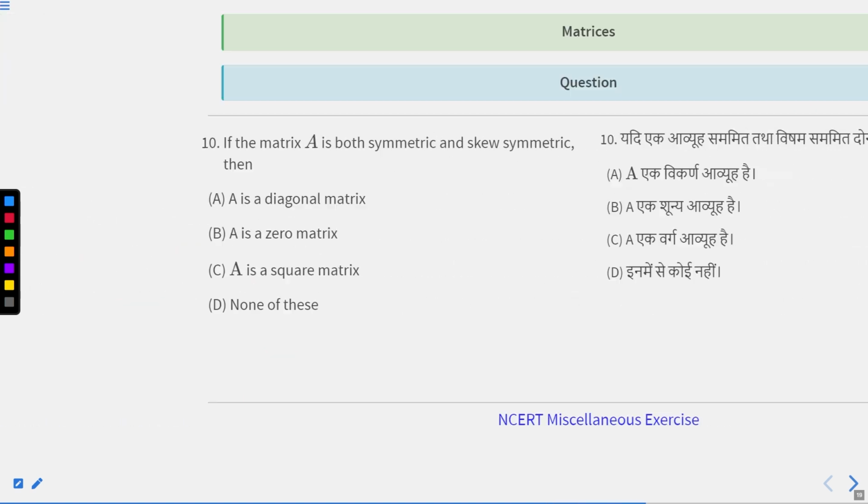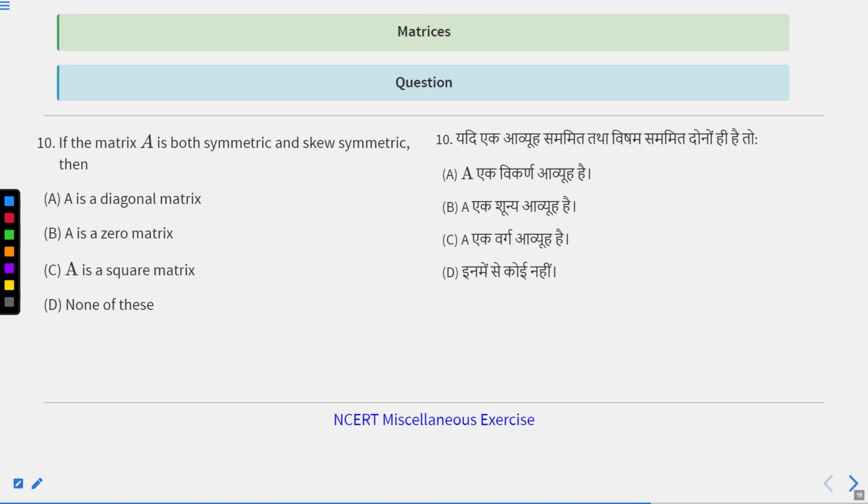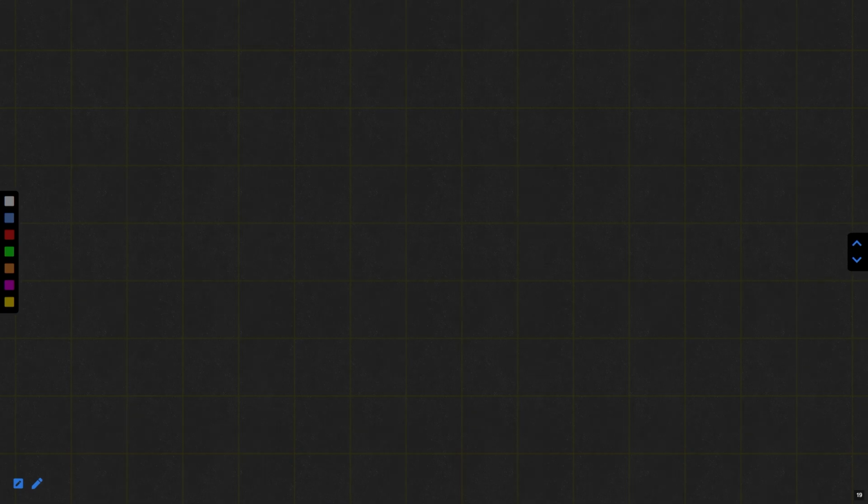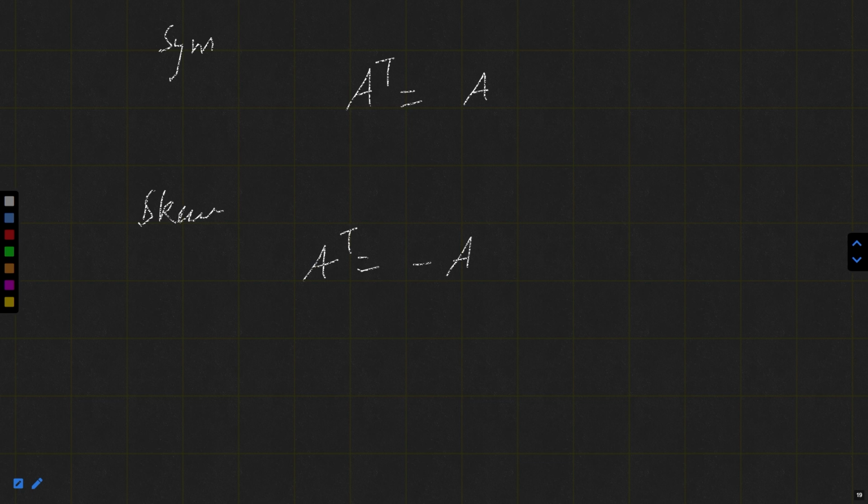So 10th problem. If the matrix is both symmetric and skew, then what? First of all, let me recall the symmetric matrix definition. For a symmetric matrix, A transpose must be A, and in a skew symmetric matrix, A transpose must be minus A. Okay, so far so good.